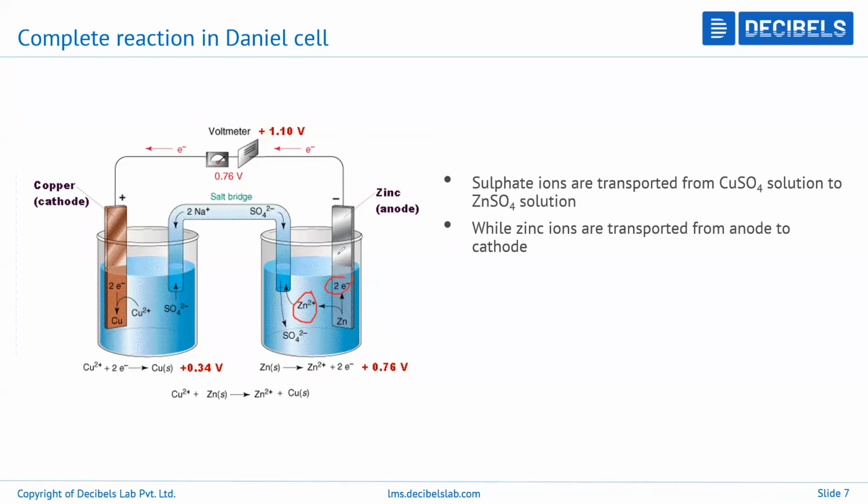The same 2 electrons given out here go towards the copper cathode, where your copper sulfate solution, or electrolyte, will provide the copper ion, and this copper ion will combine with the electrons to form copper. Here you can see the individual reaction on each side, from the zinc side and from the copper side.